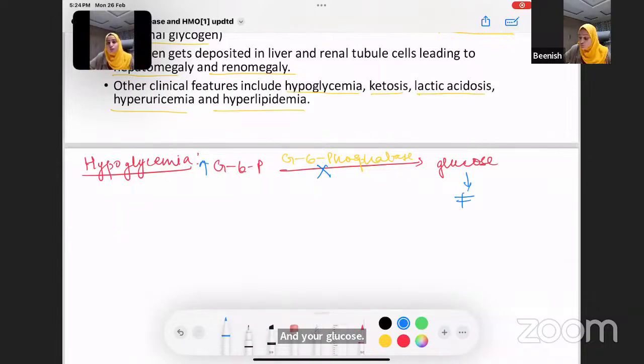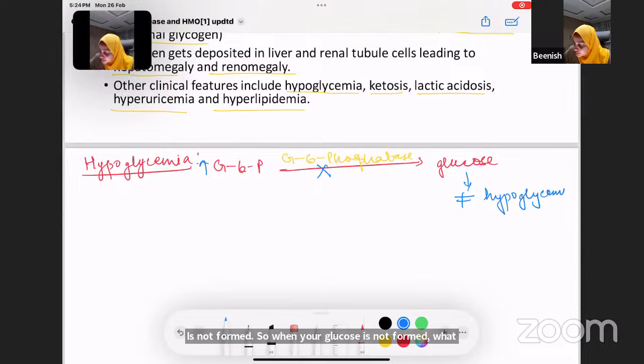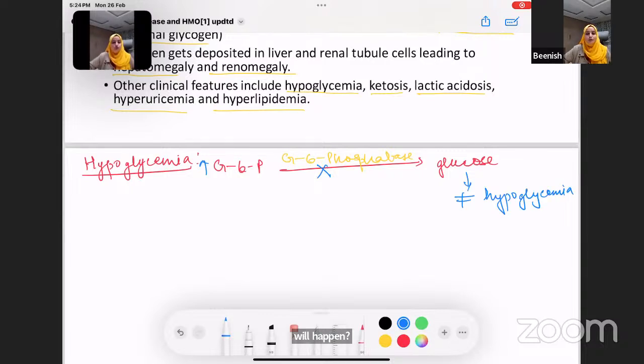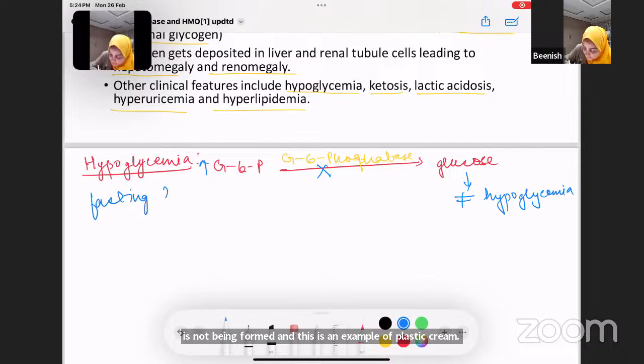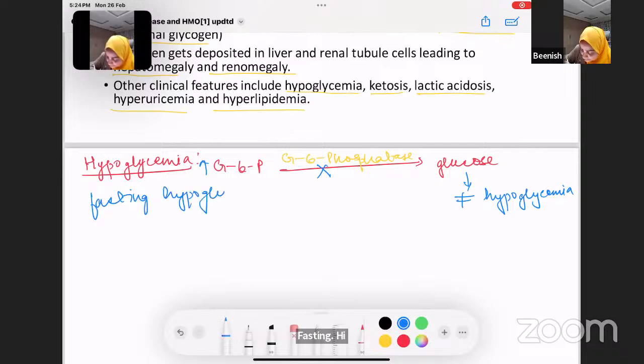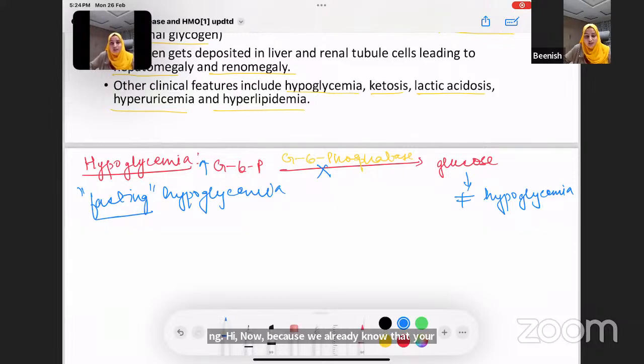So when your glucose is not formed, what will happen? Hypoglycemia. Very simple, because glucose is not being formed. And this is an example of classically fasting hypoglycemia. Now, why fasting? Because we already know that glycogenolysis was working in the fasting state. So that is why this hypoglycemia is manifested in the fasting state.